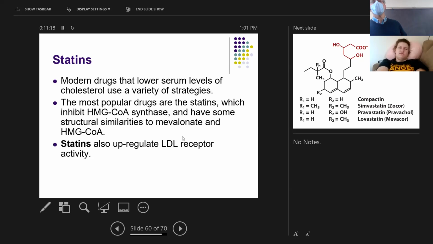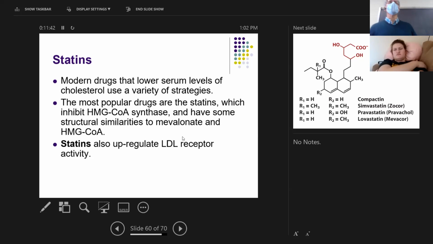So the mainstay drugs to lower serum cholesterol levels are statins. Statins were discovered in the 1970s. The first statin was discovered in Japan by Endo Corporation. It was called Compactin.